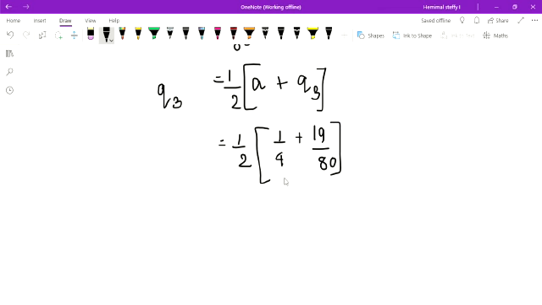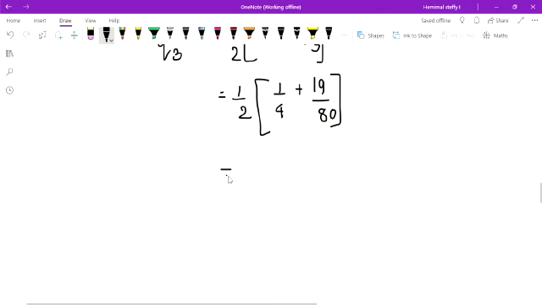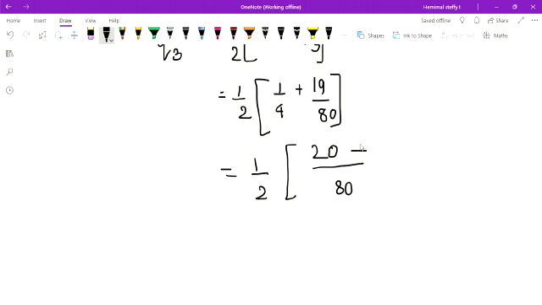Okay. Then what is the LCM of this fraction? Yes, 80. 80 is the LCM of both numbers. So 80, 4 is how many times? 20 times. So I multiply 1 with 20. It gives 20. Then 19.